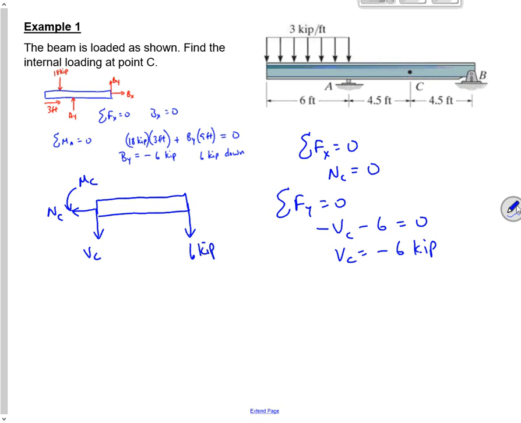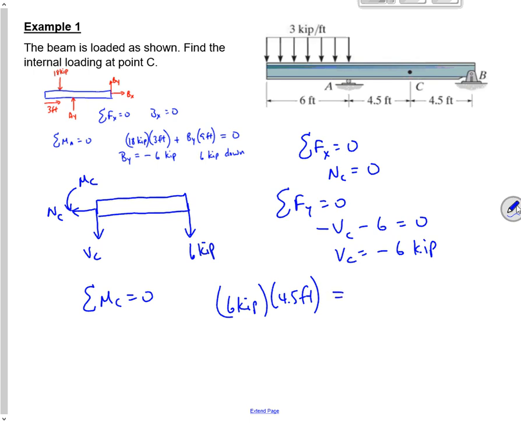And then we do the sum of the moments about C. So the moments about C, I get 6 kip times 4.5 feet. That's going to make it rotate clockwise.